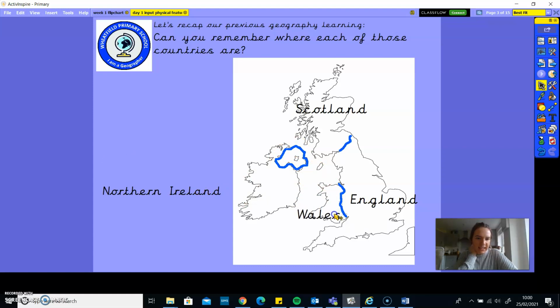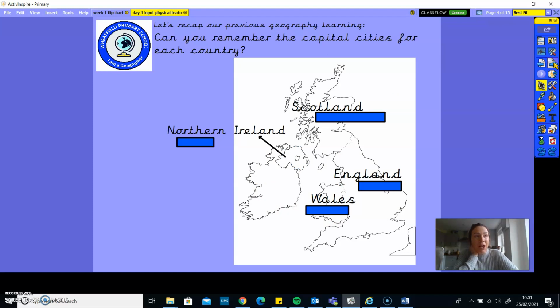It is this one here next to England, which means our last one over here is Northern Ireland. So this bit at the top is Northern Ireland. Remember that this bit, the Republic of Ireland, is not part of the UK. So this bit and this part together is the United Kingdom, whereas all of it is Great Britain.